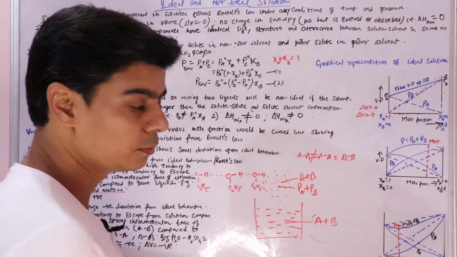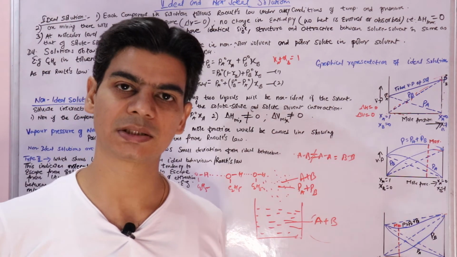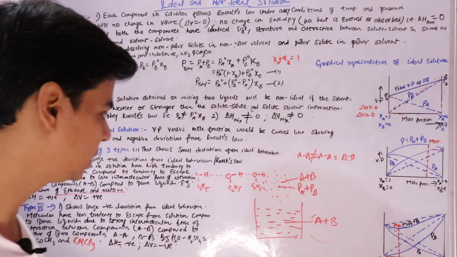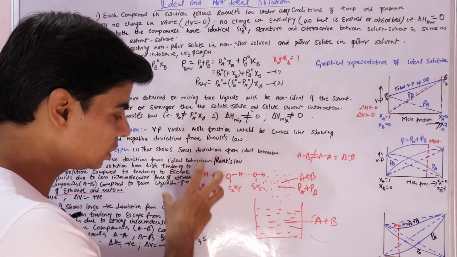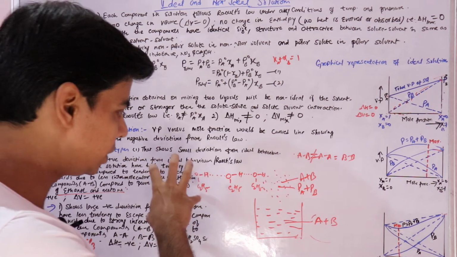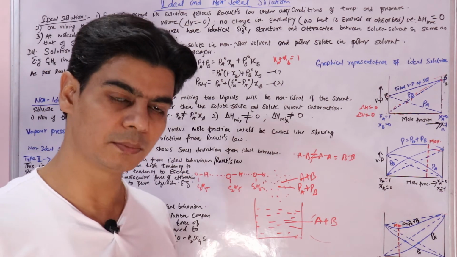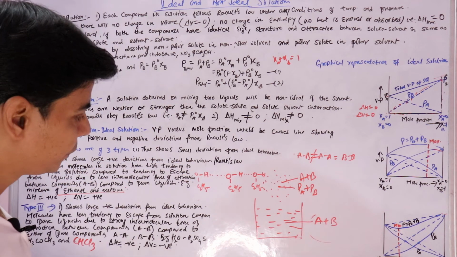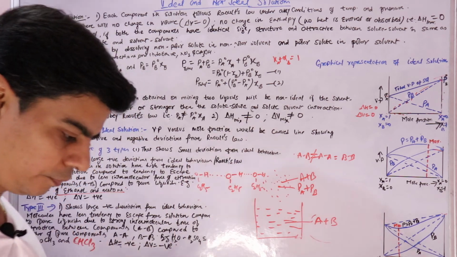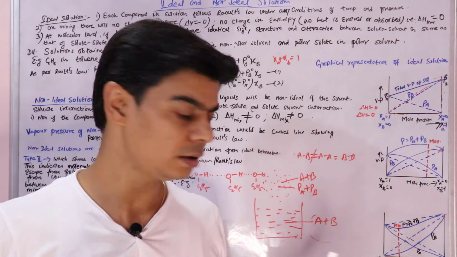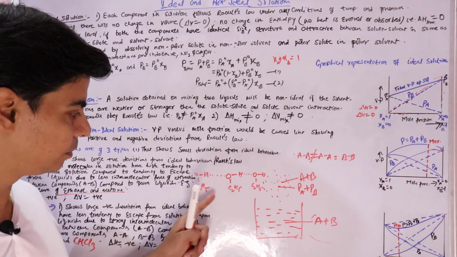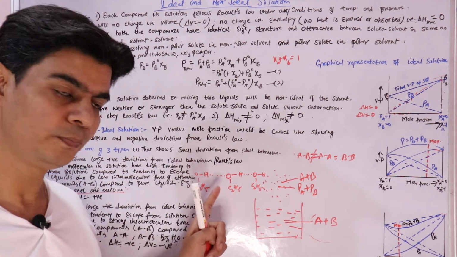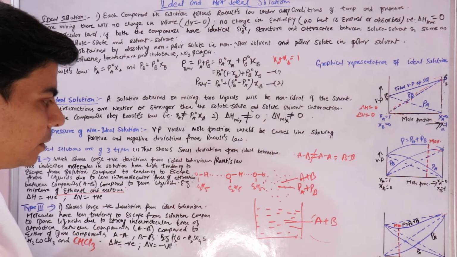So this is the intermolecular hydrogen bonding that exists between ethanol molecules. Due to this intermolecular hydrogen bonding, there are strong interactions between ethanol molecules.